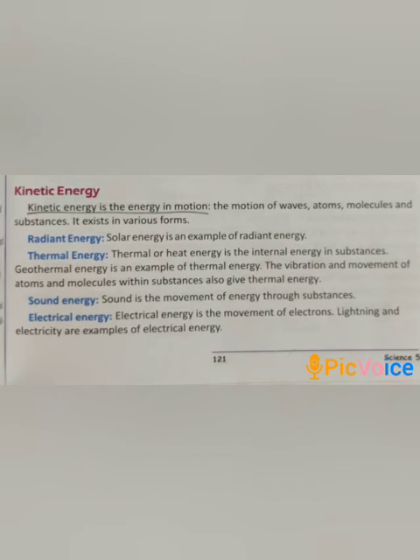Then sound energy. Sound is the movement of energy through substances. Then electrical energy. Electrical energy is the movement of electrons. Lightning and electricity are examples of electrical energy.